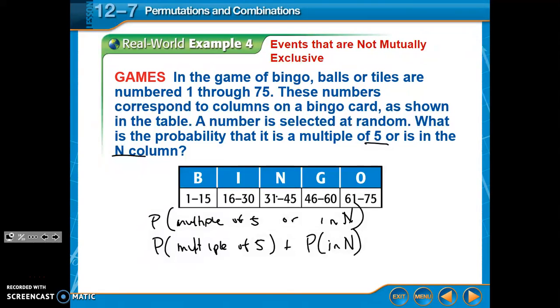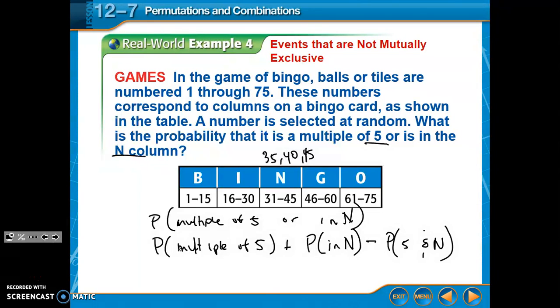So like in N, for example, 35, 40, and 45 are both multiples of 5 and in N. So they get counted twice. So I want to subtract it out once because it got counted twice. So I'm going to take out the probability of multiple of 5 and in N.